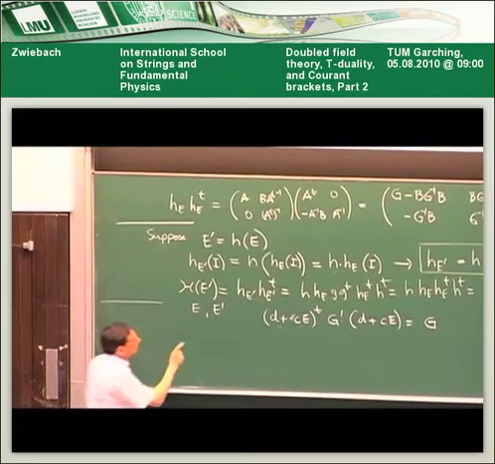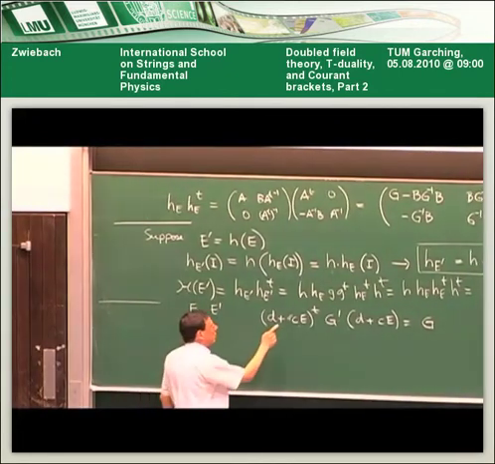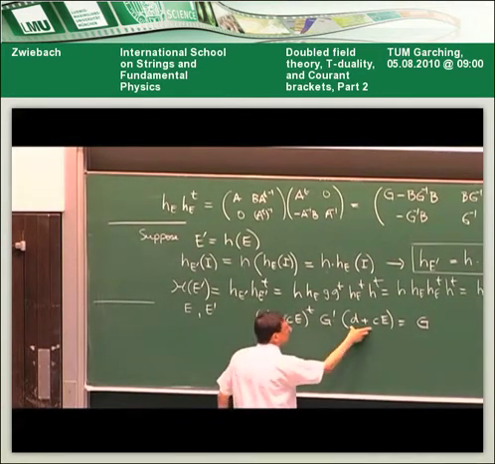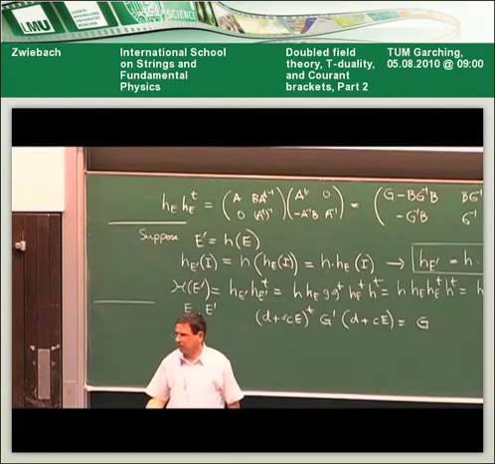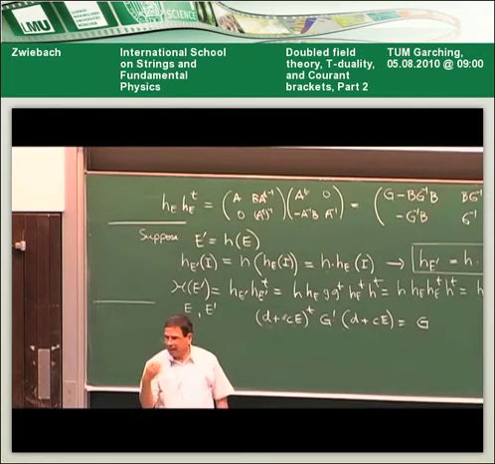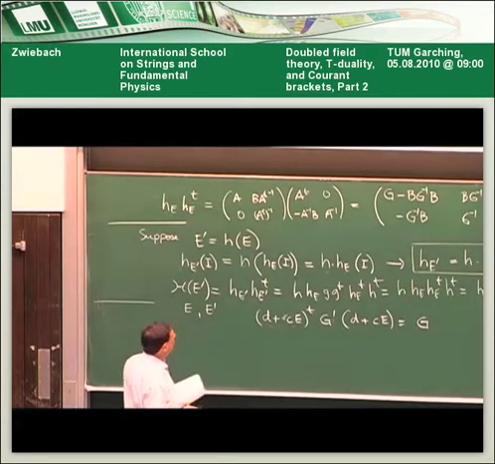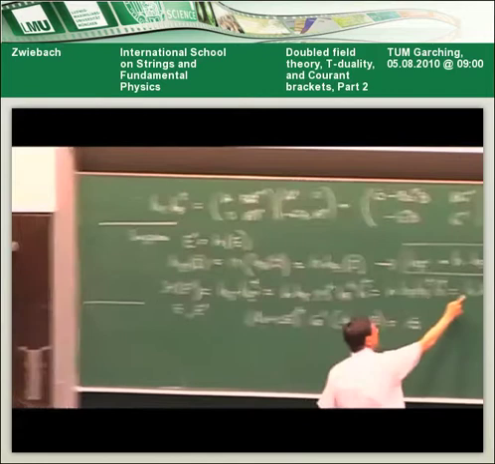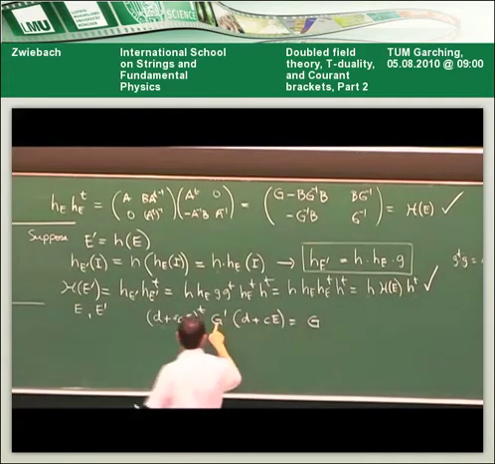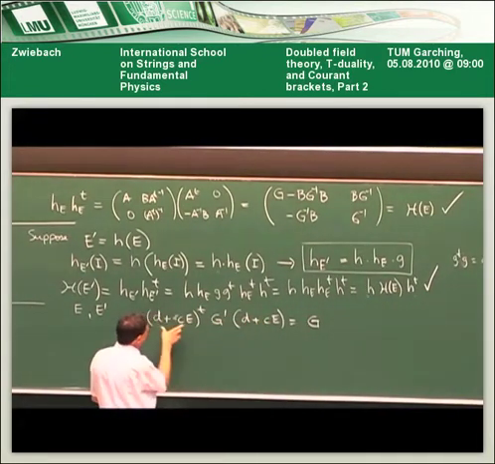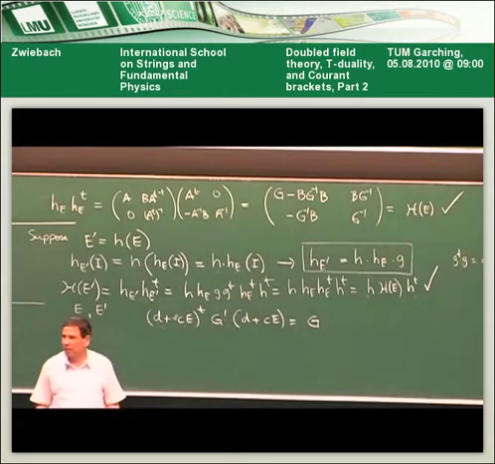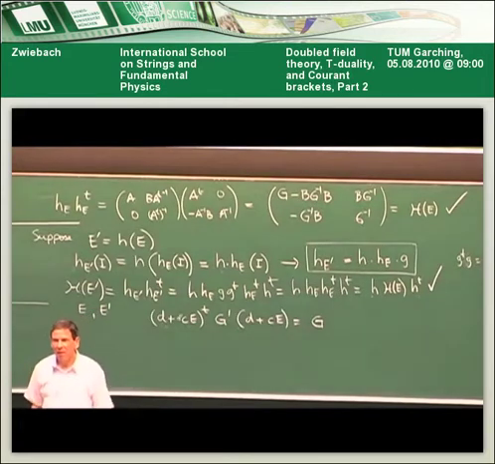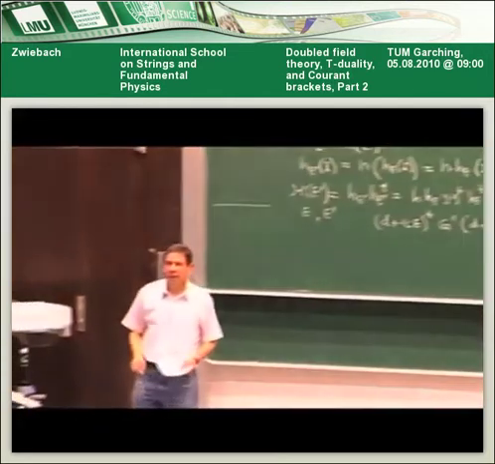But this is also interesting because G prime and G are related by a matrix acting from one side, a matrix on the other side. That's a tensorial transformation, but a slightly more complicated tensorial transformation than the one of the generalized metric. H just enters here and it's very easy. Here, G and G prime are related by matrices on the two sides, and they're not constant matrices. They depend themselves on E. So it's a little peculiar.